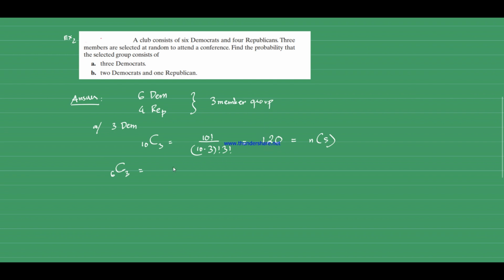Then we're gonna do this: 6 minus 3 factorial, 3 factorial. So it'll be 20.